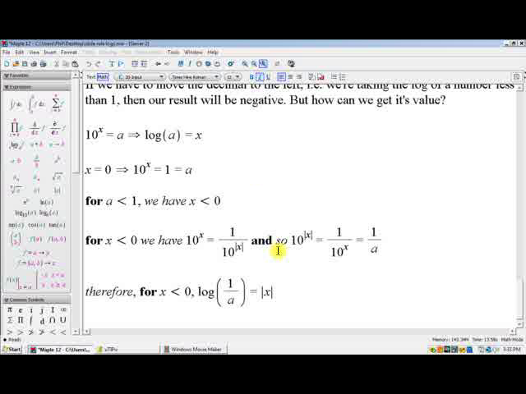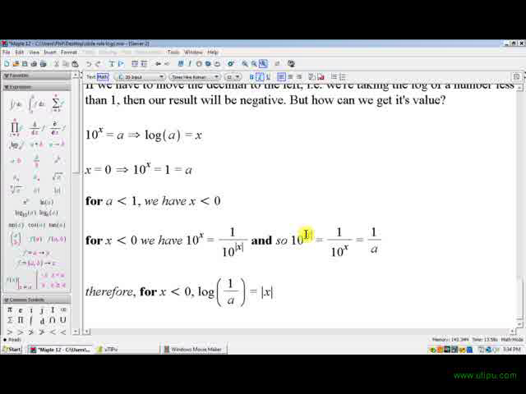Right? And I go ahead and take the reciprocals of both sides here. In other words, I just flip it around, so I have this. Right? And since I know that 10 to the x is equal to a, as I said before up here, 1 over 10 to the x is equal to 1 over a. Therefore, I can say 1 over a is equal to 10 to the absolute x.